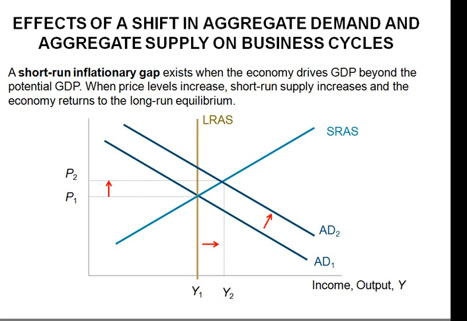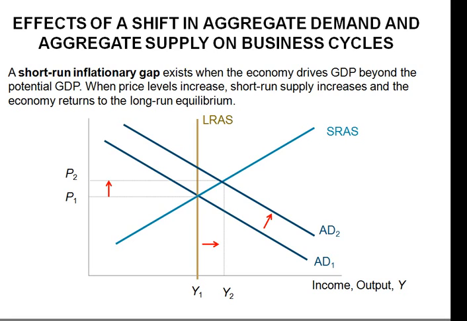Let's see the other way around, a short run inflationary gap. It is called short run because it is going to adjust in the long run. It exists when the economy drives GDP beyond the potential GDP. We are moving upward from the potential level, so it should be here at Y1 and P1, but we are moving from here to here.